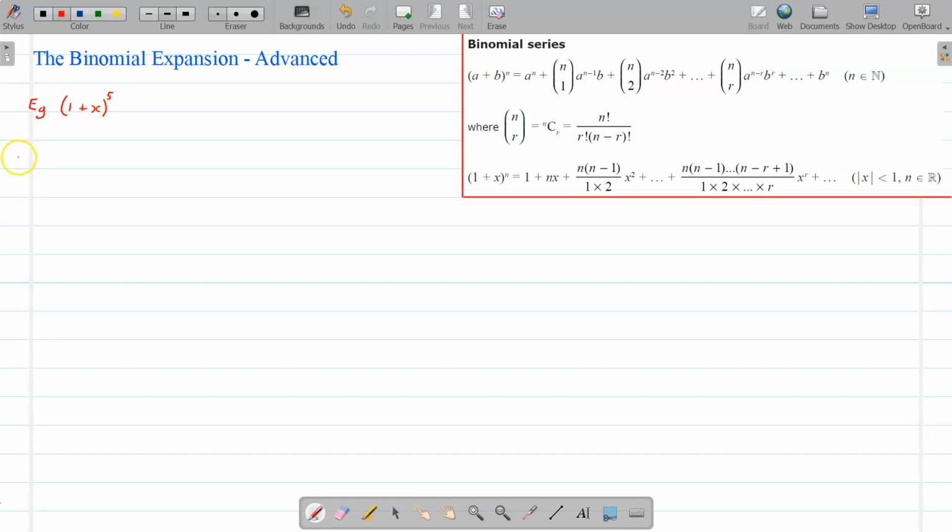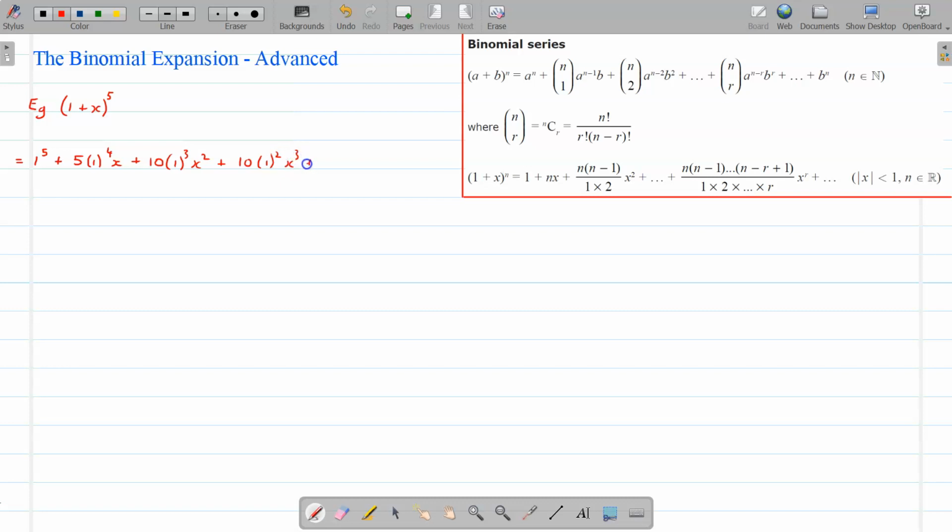So that's going to give us 1 to the power of 5, okay, plus, and then it's going to be 5c1, which is 5, then it's going to be 1 to the power 4 times x to the power of 1, plus then it's going to be 5c2, which is 10, 1 cubed times x squared, and then it's going to be 5c3, which is also 10, 1 squared x cubed.